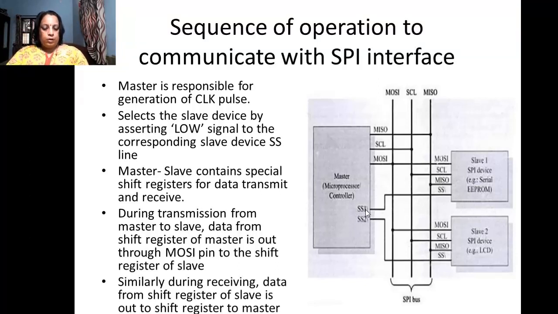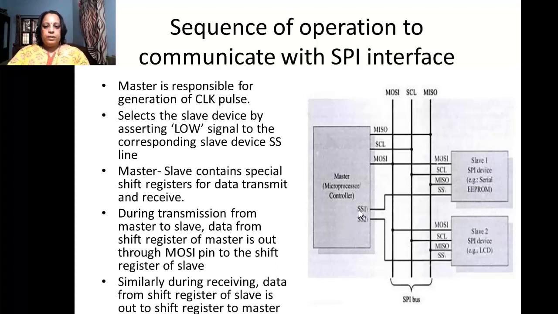Suppose I want to select slave 1, then the master will send across the low signal, or it will send bit 0, to the SS1 line. So slave 1 will understand that this is the connection the master wants to make for data transfer with slave 1.